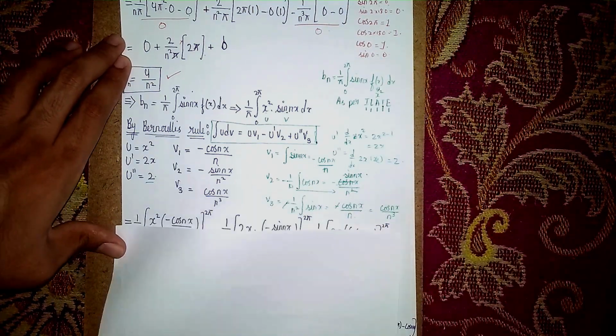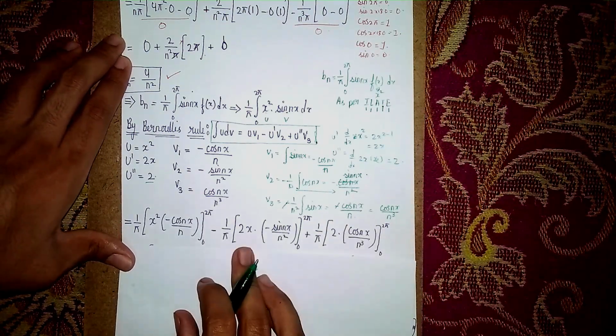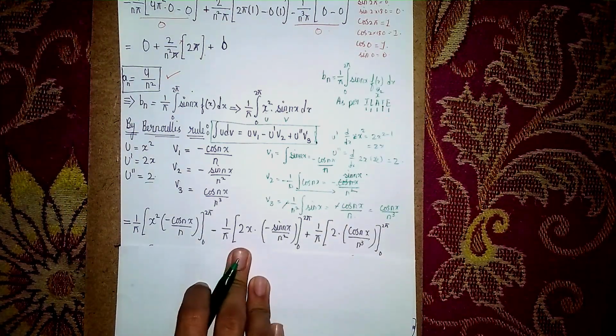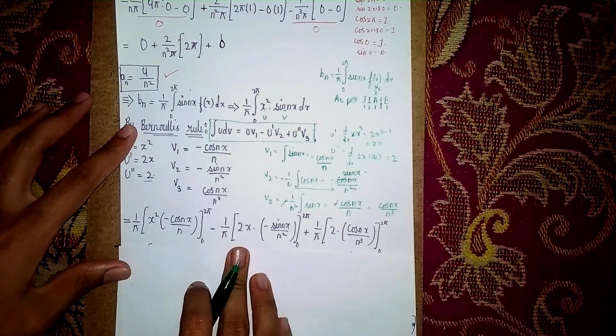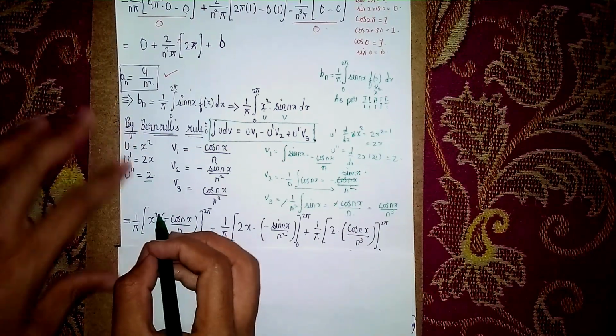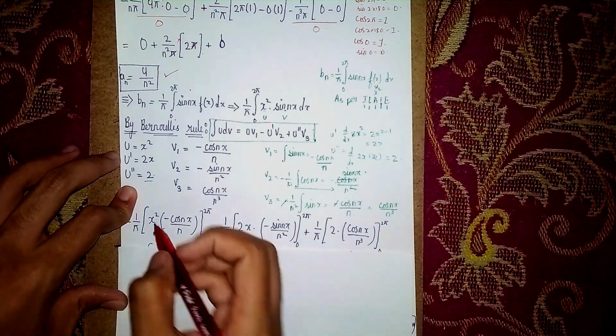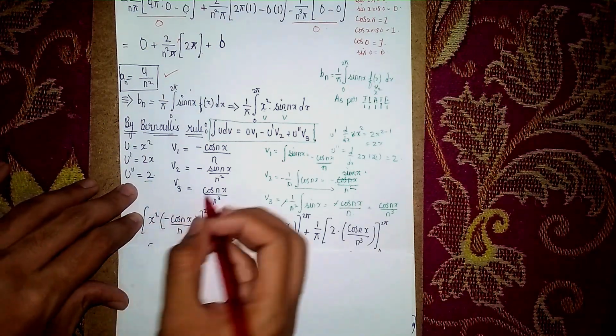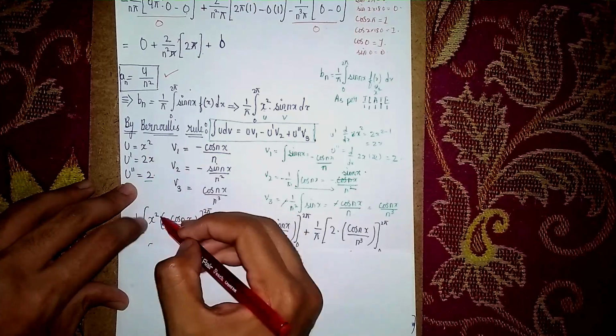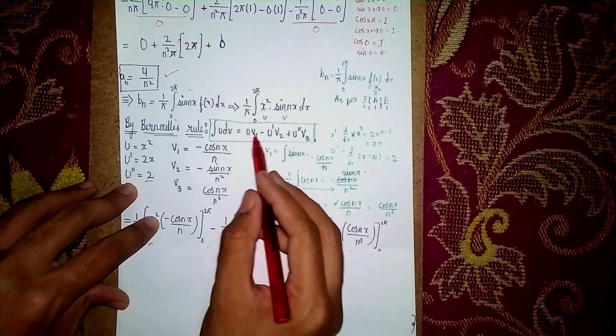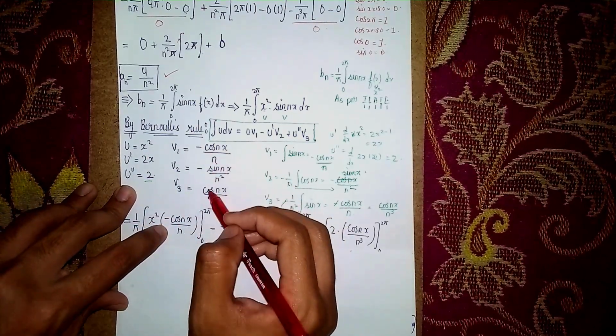Afterwards, now I'm just substituting the values in this. Okay, what I will do, I'm simply substituting, means here 1 by pi. Now open the square bracket. I'm writing with the black red pen. Now x square u is what? X square, then into v1 is minus cos nx by n.